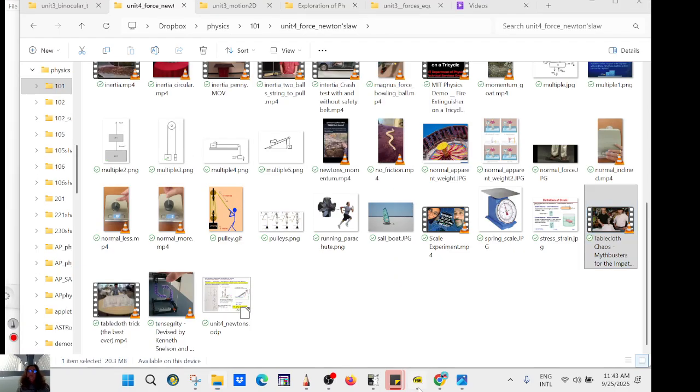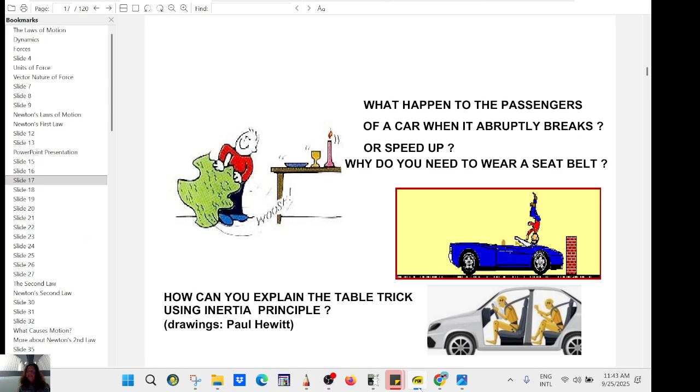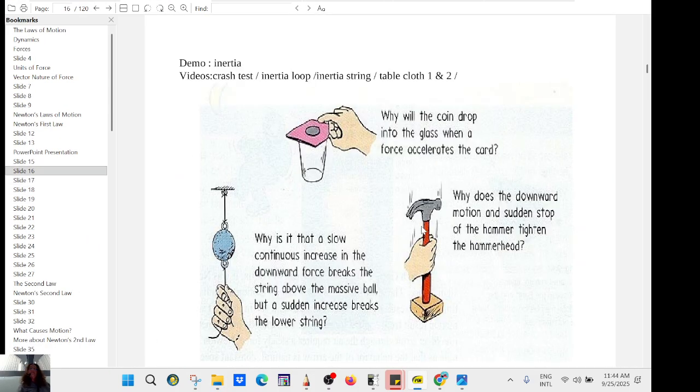So there is a lot of demo you can do with inertia. This one, if you are a handy person, student, you see if the hammer head here is loose, you're going to take your hammer and you're going to hit the table.